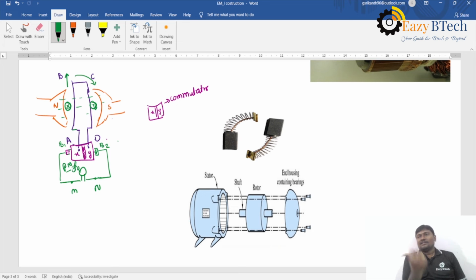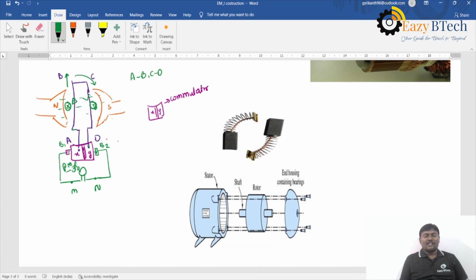The thumb indicates the motion of the conductor, the forefinger represents the direction of the magnetic field, and the middle finger represents the direction of the induced EMF. So it will be into the page, and it will be a dot. Here the tangential force is downwards. The flux lines are coming from the north pole to the south pole in this direction, and this middle finger represents the direction of the induced EMF, which is outward.